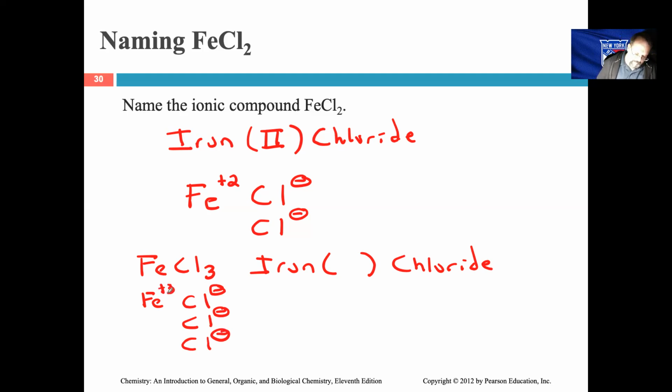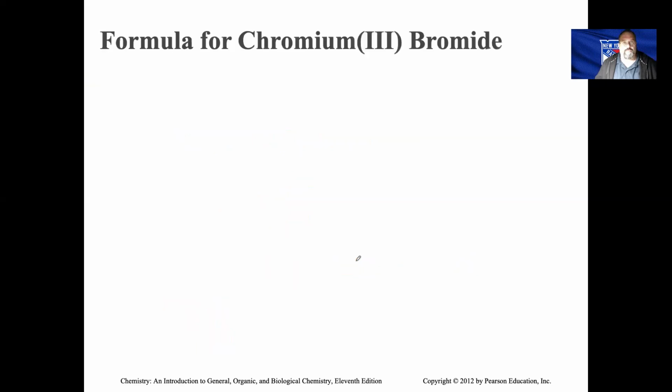It would have to be +3. And this would be known as iron 3 chloride. So that's why just writing down iron chloride itself would not be acceptable, because there's FeCl2 and there's FeCl3. Which version of iron chloride are you looking at? And that's why, for these transition metals, in the name you have to give a Roman numeral indicating the charge.